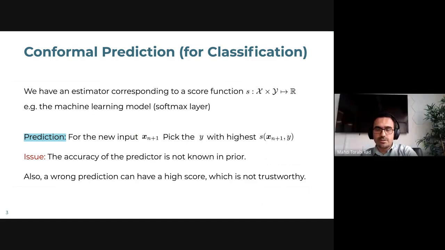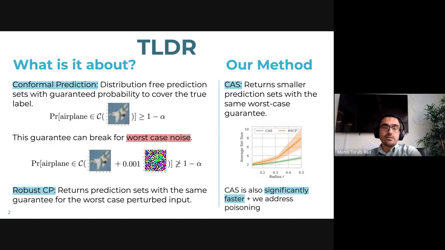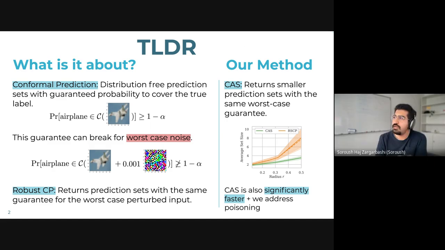Sorry, can I ask you about the previous slide? Yeah, sure. So you mentioned that the guarantee will break if one adds noise. Will the guarantee break even when the noise is IID? So that's the point. As long as the test input and the calibration data, which we define the conformal prediction based on, are exchangeable, the guarantee is maintained.